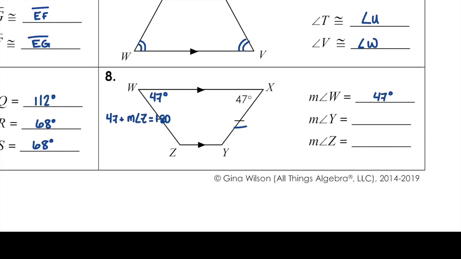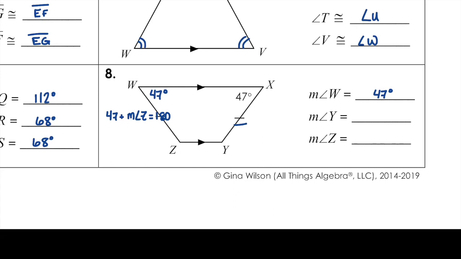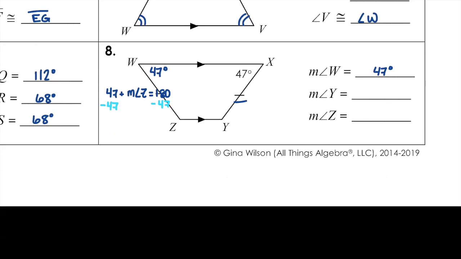You could do the Y and get the same answer, or do it with X or W, because opposite angles in our isosceles trapezoids are also supplementary. So the measure of angle Z is 133. It also means Y must be 133.